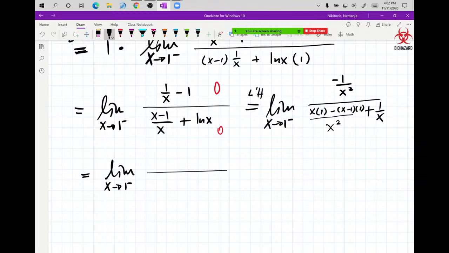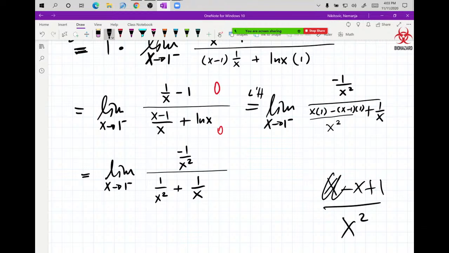All right, so let's simplify. This is negative 1 over x squared. Now on the bottom I have x minus x is gone, so it's just 1 over x squared plus 1 over x. Right? Because the top works out to be x minus x plus 1 over x squared. These two guys cancel and just have 1 over x squared. Good.